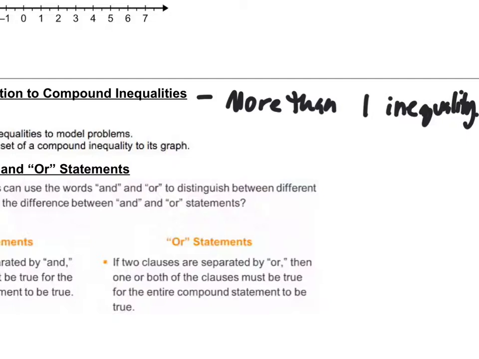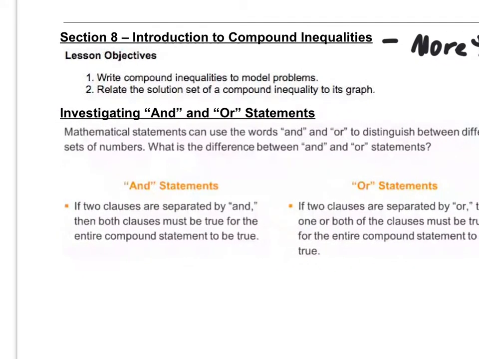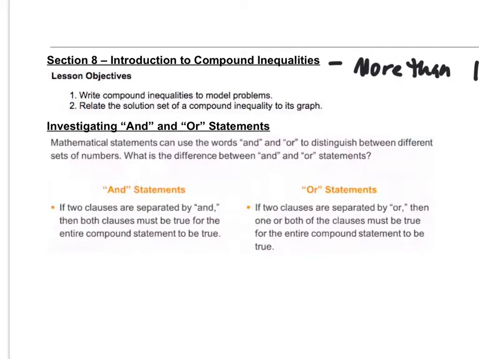All right, so we've got more than one inequality, and we can talk about these inequalities using an "and" or an "or" statement. An "and" statement means the intersection of two inequalities, and an "or" statement means the union.